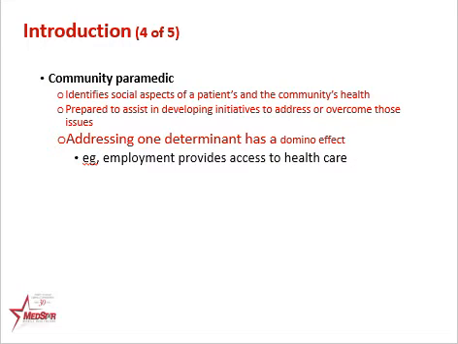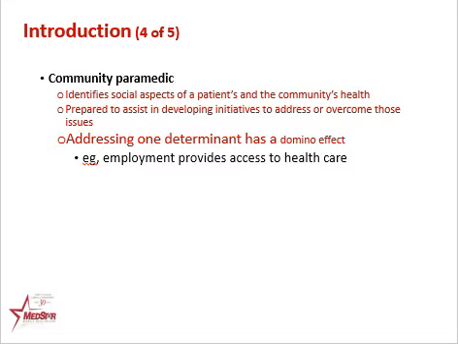The reason we cover social determinants of health is, first, to allow you as paramedics to research and identify the social aspects of an individual patient's and the community's health, in order to better prepare and assist in developing initiatives to address or overcome these social issues your patients may have.